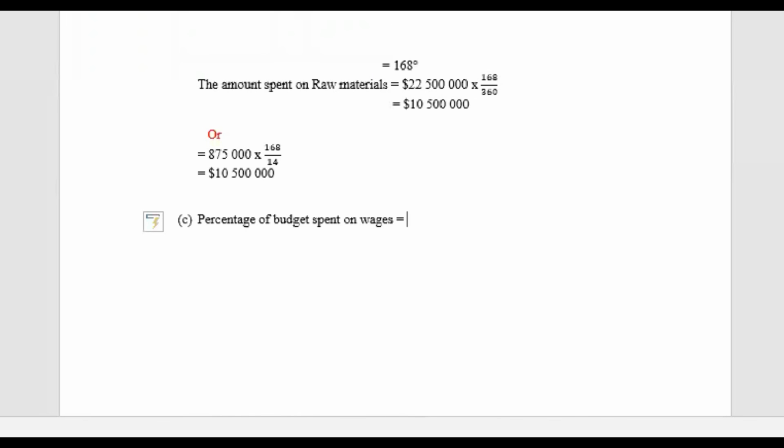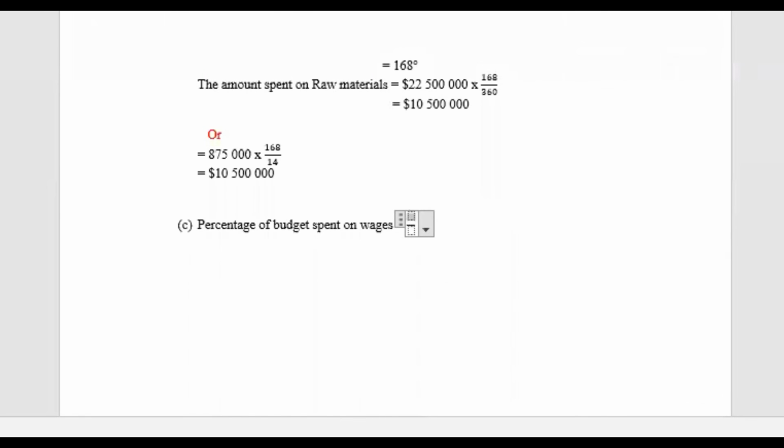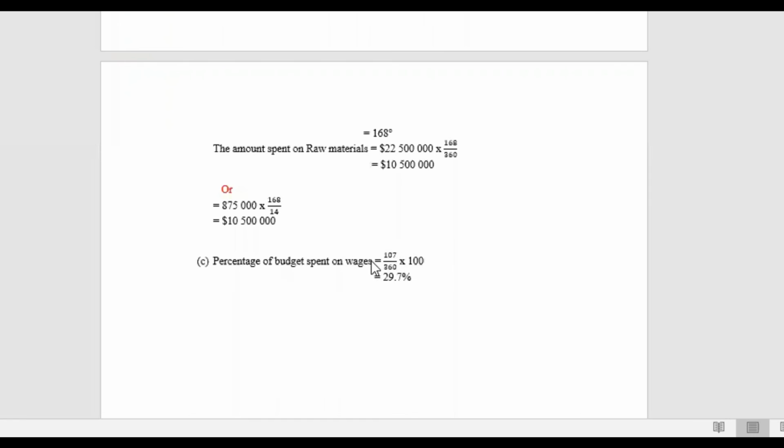So we take the 107 degrees, divide that by 360, and multiply by 100. What do we get? 107 degrees divided by 360 times 100 will give us 29.7%.